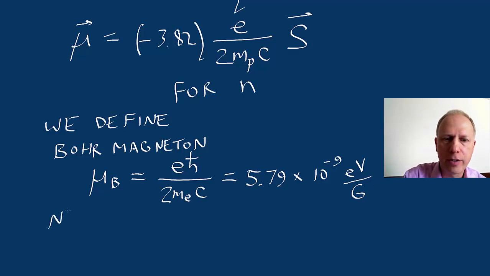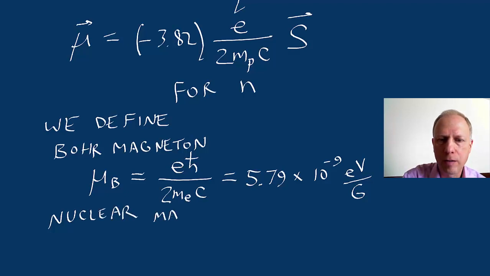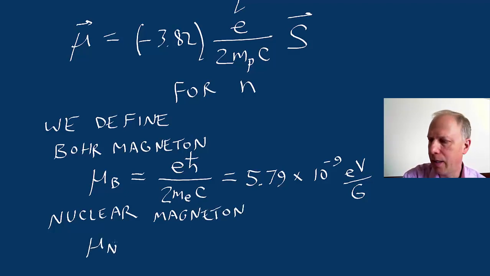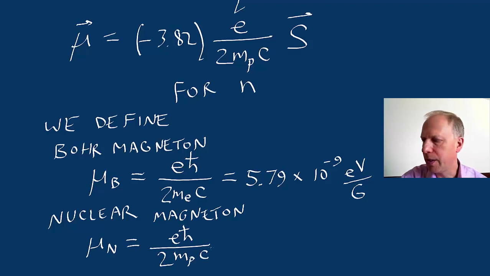And the nuclear magneton, mu sub n, which is e h bar over 2 times the mass of the proton times the speed of light, is a lot smaller.